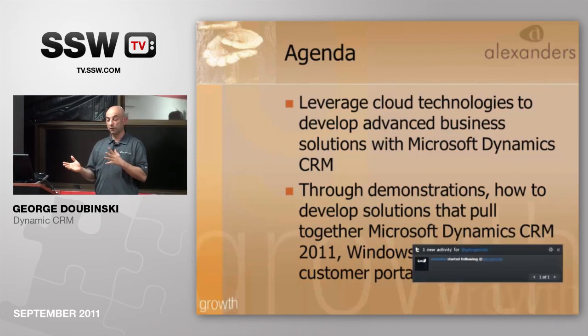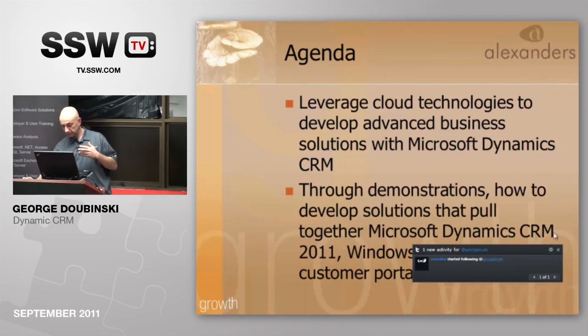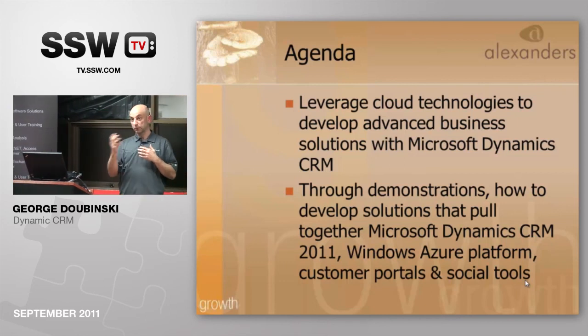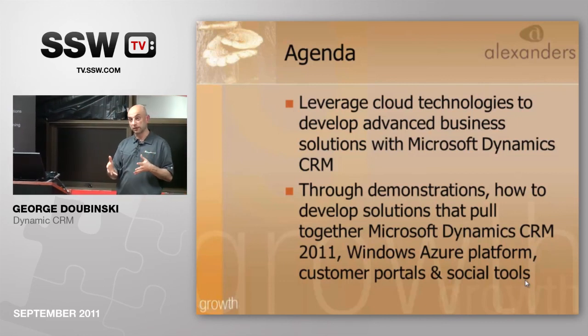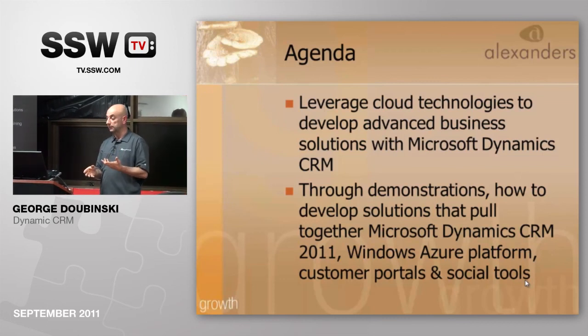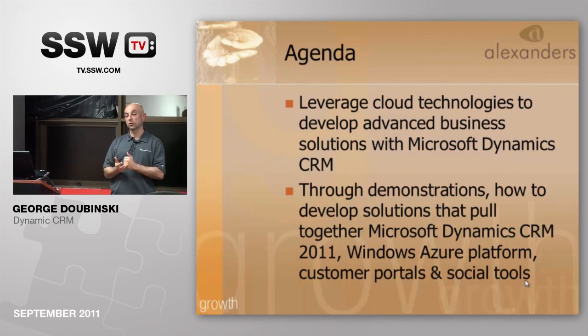Now that I enabled Twitter, we'll see how to develop solutions that put together CRM 2011, which is a new release, Windows Azure, and customer portals, and also those websites, and also social tools like Twitter.